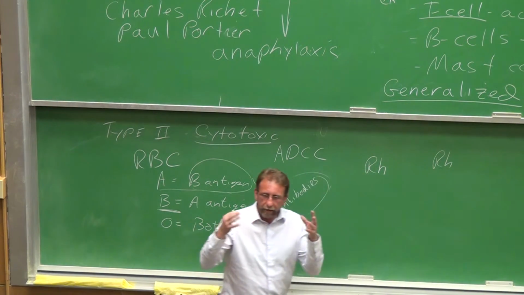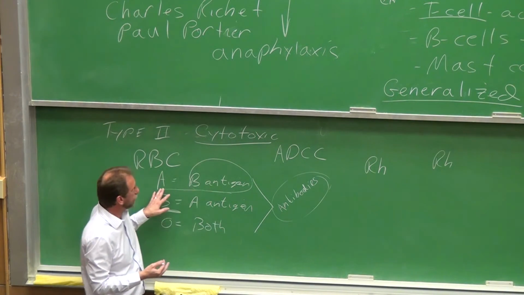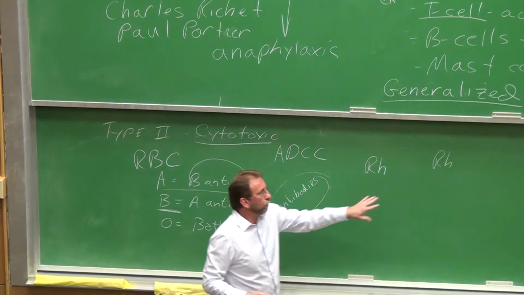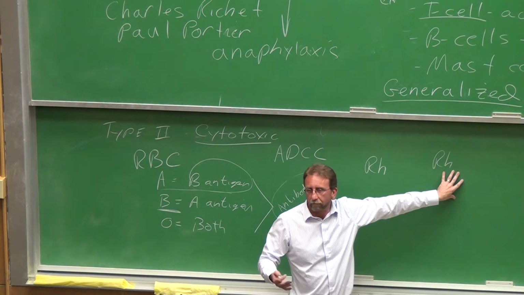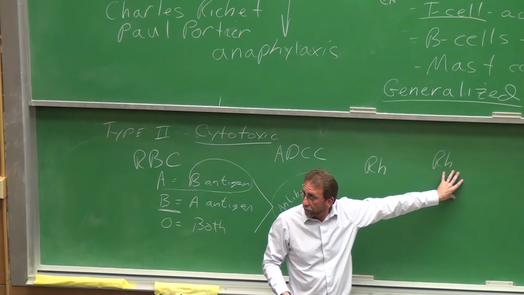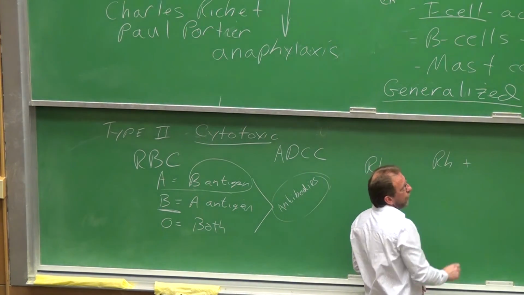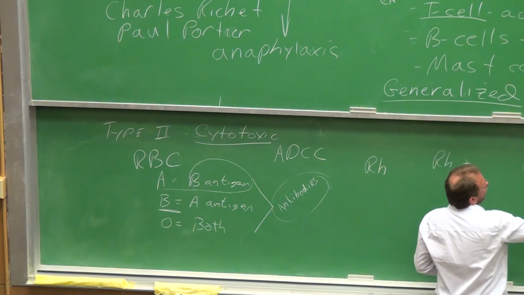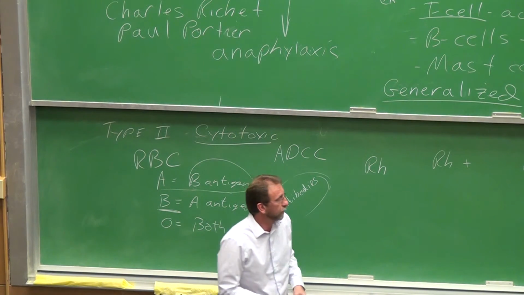So again, we're talking about an antigen that's on the surface of the red blood cells, just like these antigens here, A and B. We all have an Rh factor on the surface of our red blood cells. Well, 85% of us do. 15% of us don't. So 85% of us are Rh positive, and 15% of us roughly are Rh negative. We don't have the antigen.